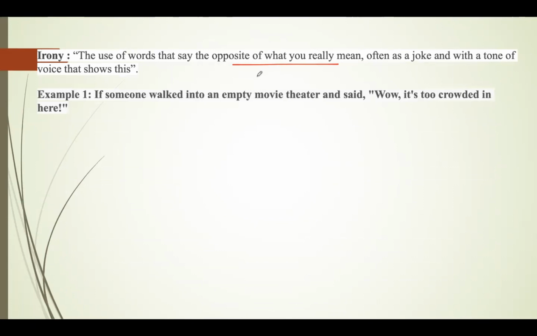For example, if someone walked into an empty movie theater and said, wow, it's too crowded in here. Here we are saying completely opposite, right? We are moving into an empty theater, but we are saying that it's crowded in here. So that is an irony statement.